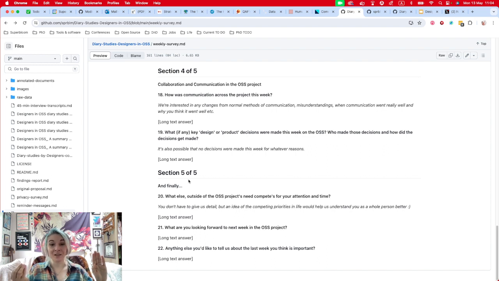One of the things we still could do with the data that we have is map that: how frequently did the thing that the designer was looking forward to in the following week actually happen? From memory, I don't think that expectation was often met.